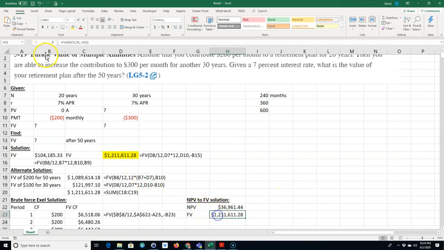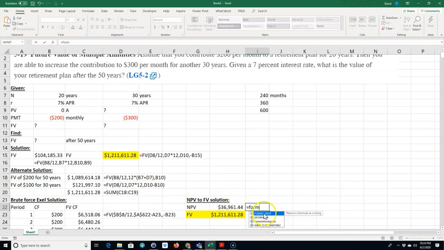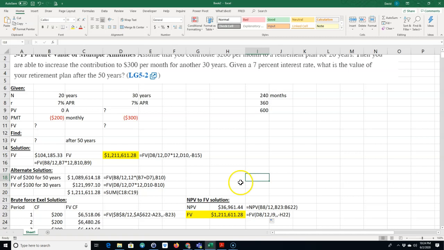Okay. So, I don't know. You figure out which one you like. So there's a lot of ways to do this problem. I'm just showing you a few. Like I say, the book solution right here is a very elegant way to do it.